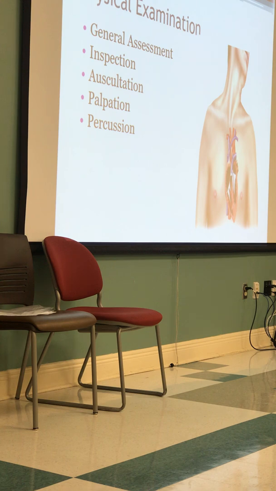Inspection, we want to look at the chest cavity. Do we have pectus excavatum? Do we have scars? Did we have an open heart surgery at some point? Auscultation. We're listening for murmurs, rubs, gallops.